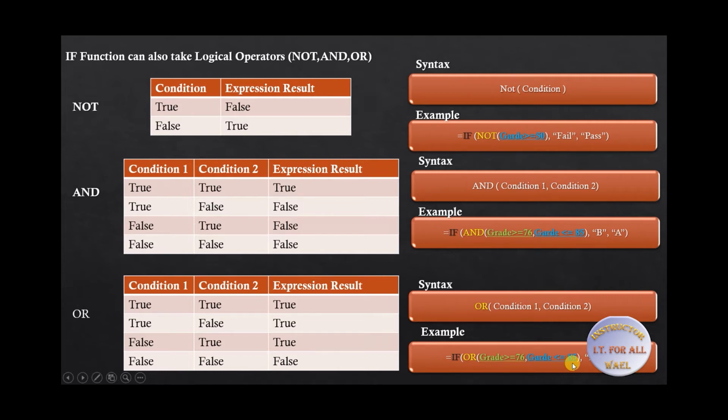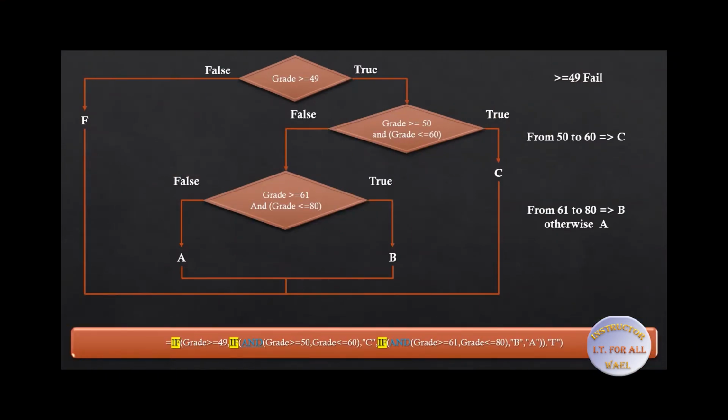Now, let's try to implement a little bit of a complicated IF statement in the example that we have. From the student example, we are going to complicate the formula a little bit. It's not much, but it's a little bit. So we said an IF statement has three components: condition, true, and false. Here is the condition.